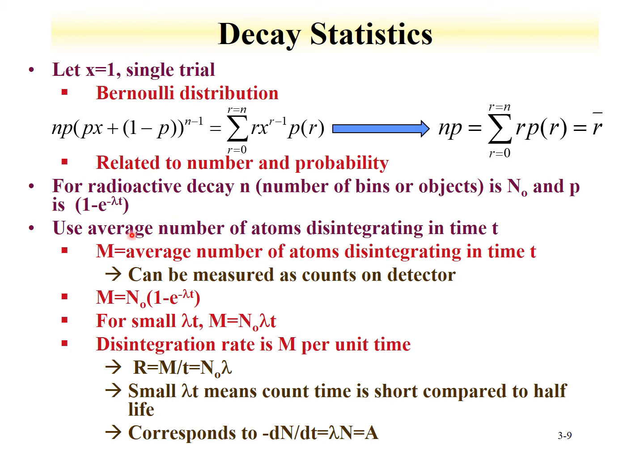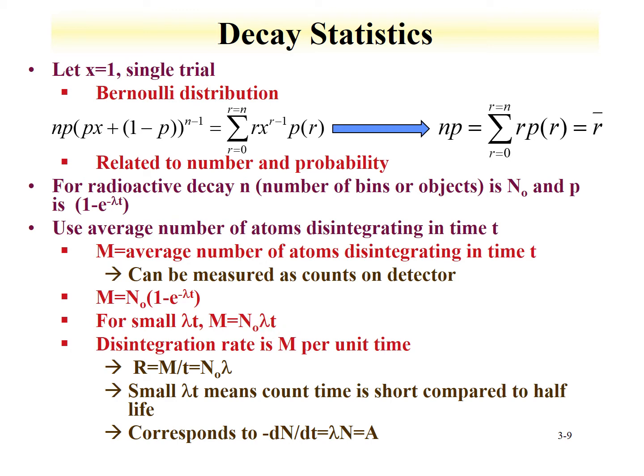We get this equation where the average number of atoms disintegrating is equal to n times 1 minus e to the minus lambda t. For a small term where the decay constant times time is small, we can just make this equation m equals N naught lambda t.